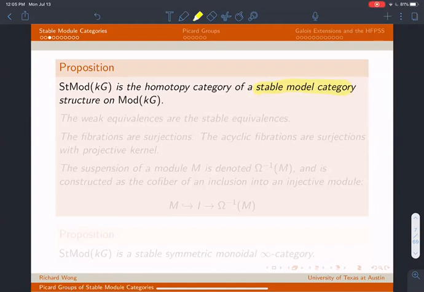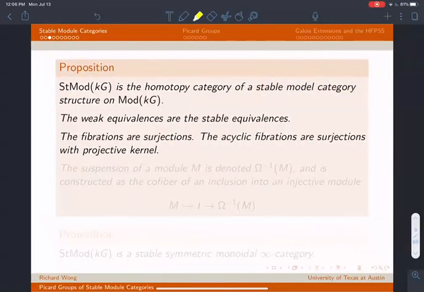So the data that defines a model category structure, to tell you what that is, I need to tell you the weak equivalences and what the fibrations are, or equivalently the cofibrations. The weak equivalences are going to be the stable equivalences.